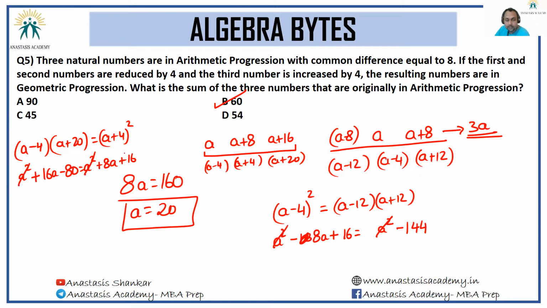Cancel and cancel. This comes to this side. So 8a is equal to 96, a is equal to 12. So this is 12, this is 20, and this is 28. The summation will still turn out to be 60. That is not a problem. But hopefully you can see the numbers here are much smoother to deal with.